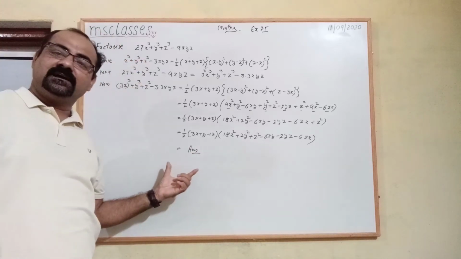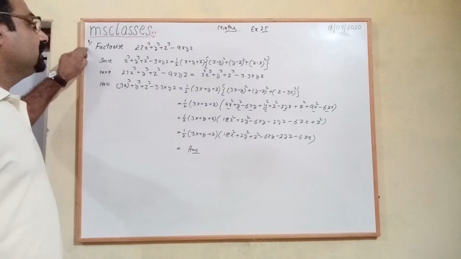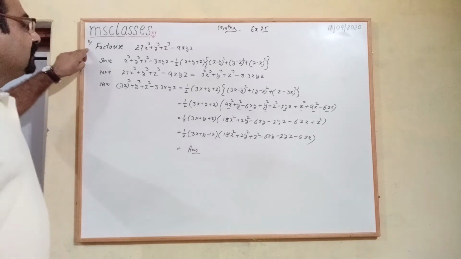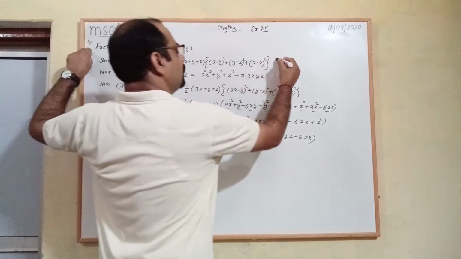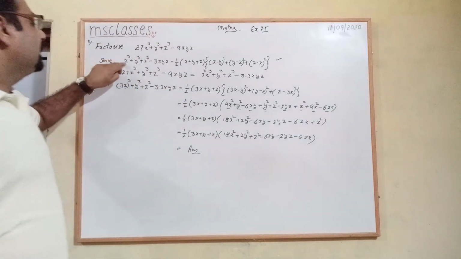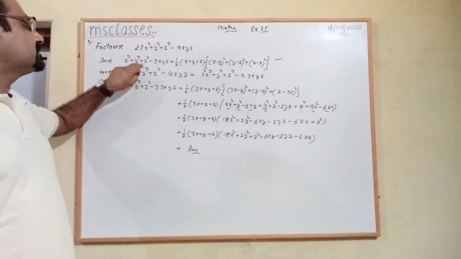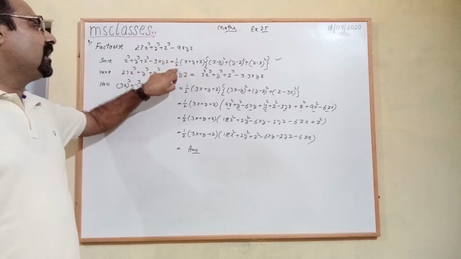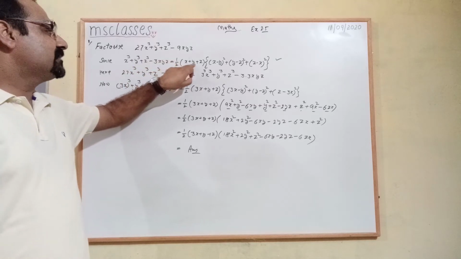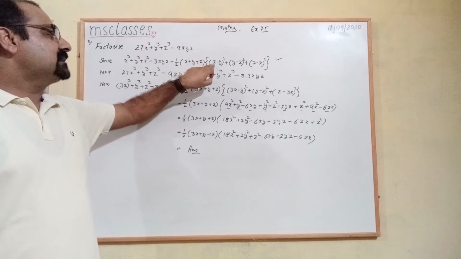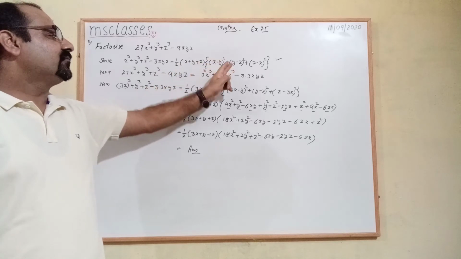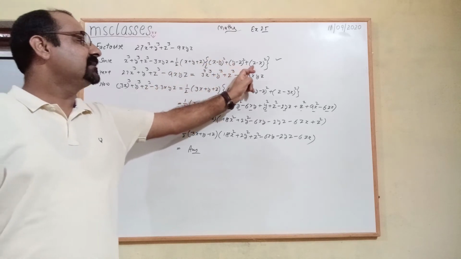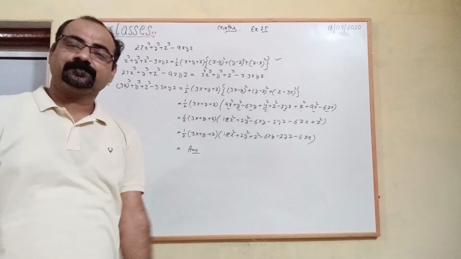So this is the answer of question number 11. To solve your question, you have to remember the identity x cube plus y cube plus z cube minus 3xyz equal to half into x plus y plus z into x minus y whole square plus y minus z whole square plus z minus x whole square.